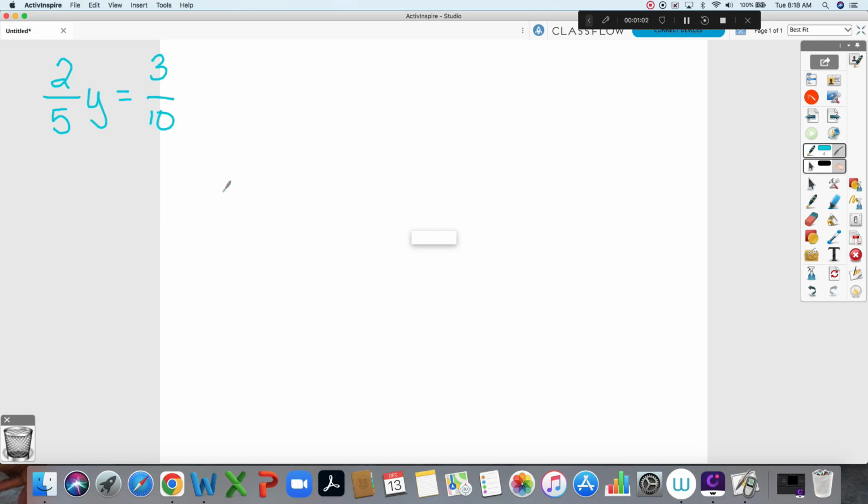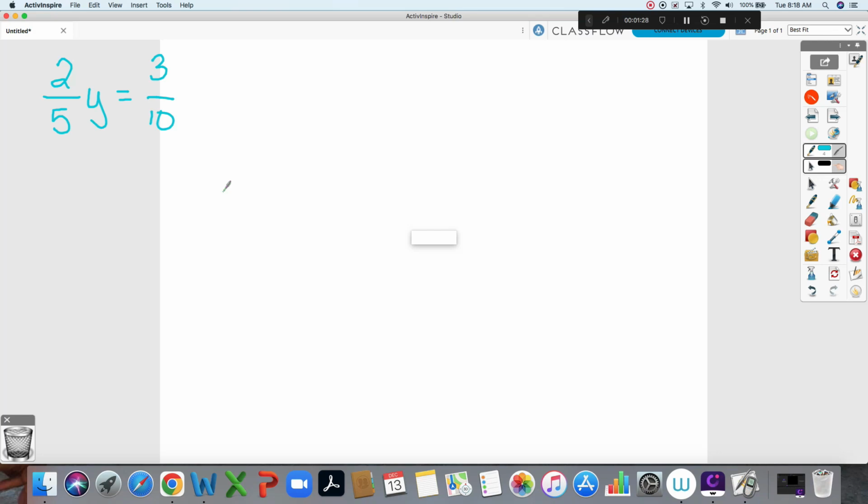Okay, so we have to solve for y. In order to solve for y, we're going to do the opposite of what's going on here. What's going on here? Multiplying. So we're going to do the opposite of what's going on. If it's multiplying by 2/5, that means we have to do what?